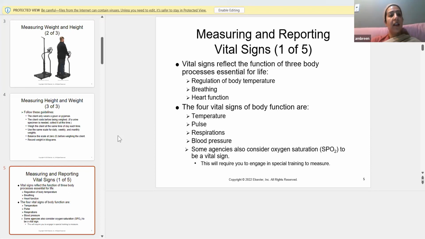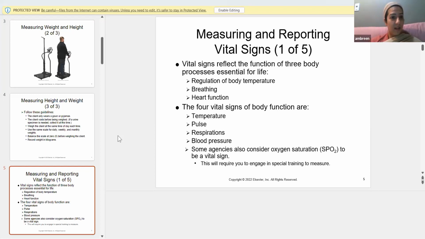If your client says, I'm feeling dizzy, normally she's not, you can always go and check the blood pressure. Maybe the blood pressure today is going low, and that's the reason he or she is feeling dizzy. That's why we want you to know. We don't want you to learn the numbers, but at least know what is connected to what.